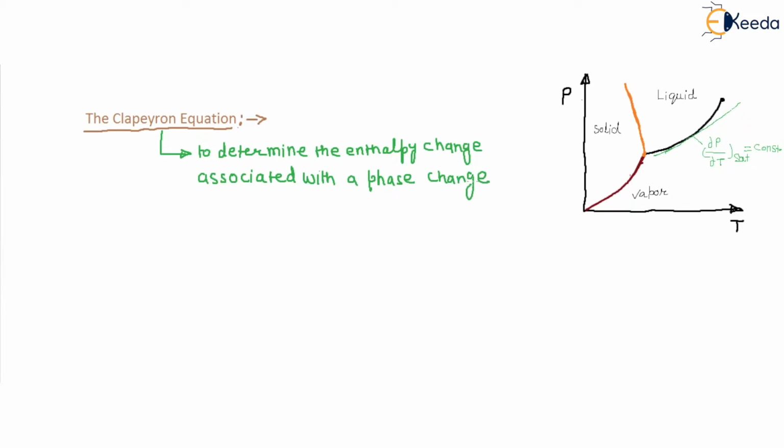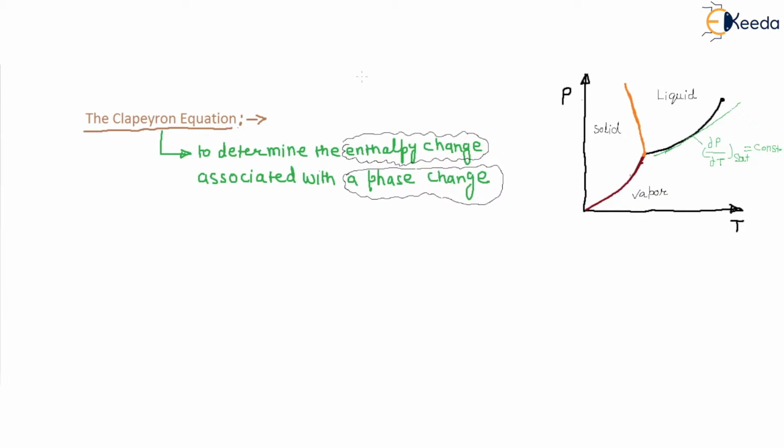So what is that? From the Clapeyron equation, we determine the change in enthalpy during the phase change process. That means during the phase change we calculate the enthalpy change of that process, right?